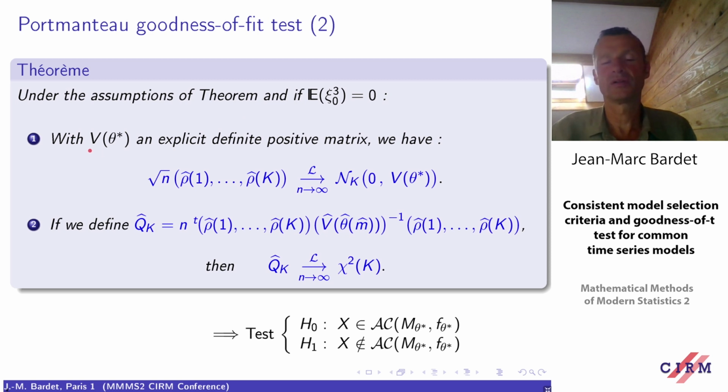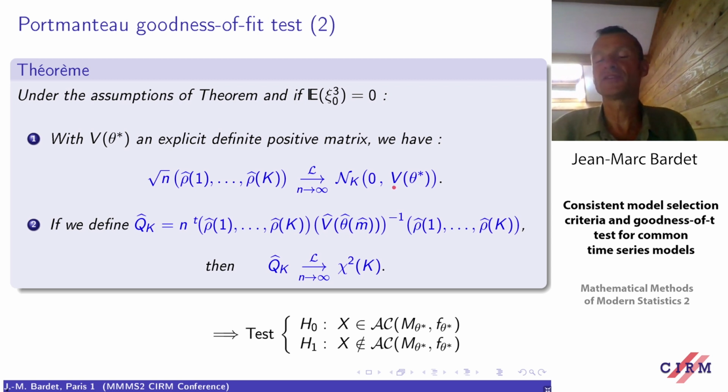And so by this way now, the correlogram from lag 1 to lag k is converging in distribution to a normal law, Gaussian law, with here asymptotic covariance V of theta star, which could be detailed.